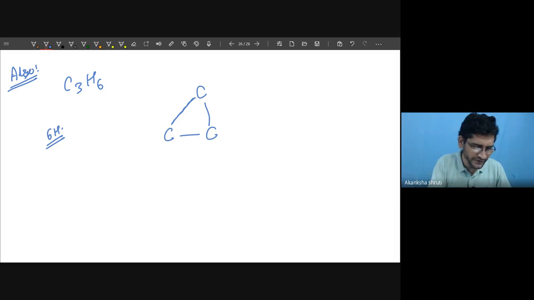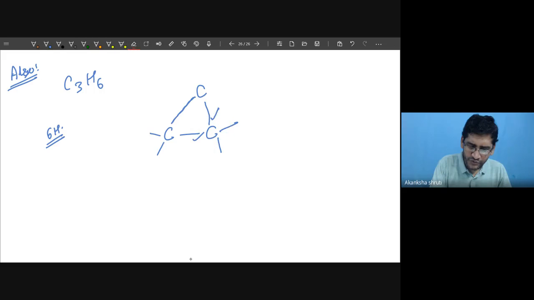Now observe, for the very first carbon, 2 bonds are already formed, one here and the other with this carbon. So what is left is two other bonds. For the second carbon, again 2 bonds, one this and another this, are already formed, but we can still put 2 more bonds.